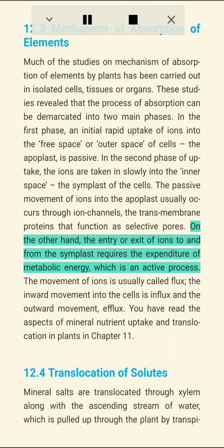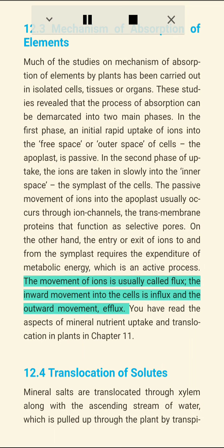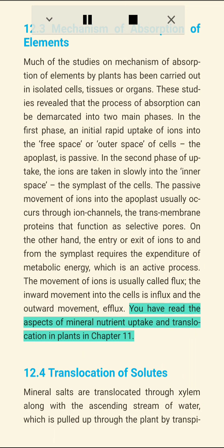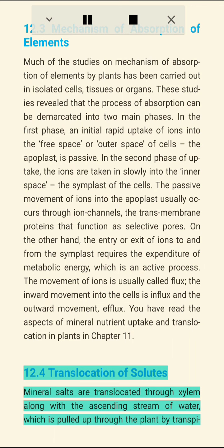On the other hand, the entry or exit of ions to and from the symplast requires the expenditure of metabolic energy, which is an active process. The movement of ions is usually called flux; the inward movement into the cells is influx, and the outward movement, efflux. You have read the aspects of mineral nutrient uptake and translocation in plants in Chapter 11. 12.4 Translocation of solutes.